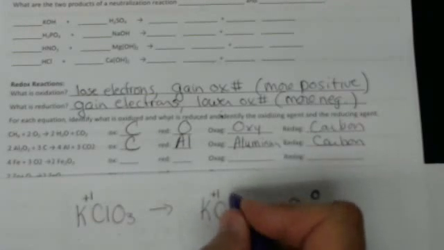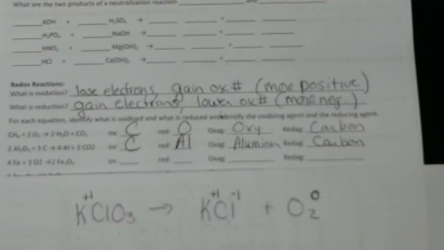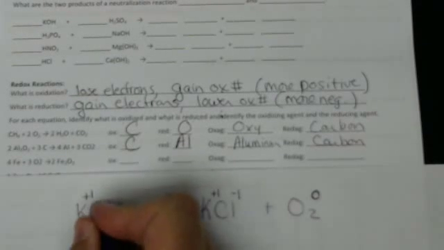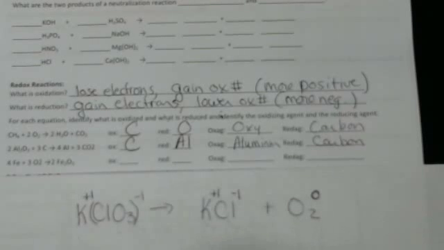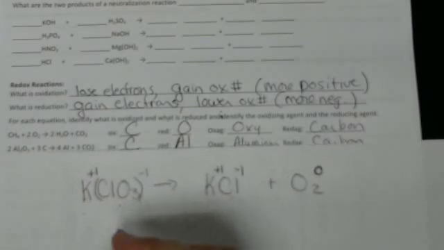To balance that +1, I guess we need a -1. We can't just look at this chlorine all by itself, because you can see that the potassium hasn't changed, so it neither reduced nor oxidized. We're going to actually have to break up this polyatomic ion and see what the Cl is contributing and what the O3 is contributing. So let's break that up.